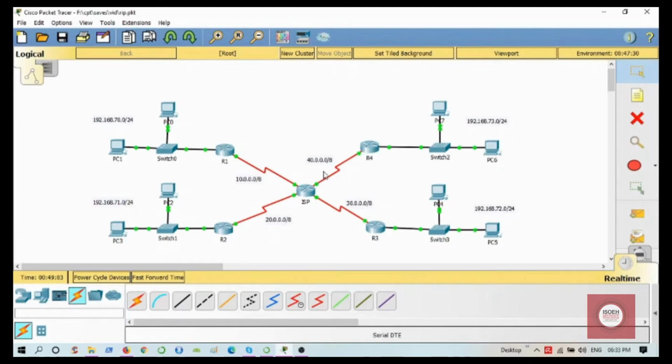Also this R4 is connected to 192.168.73.0 and also to this network 40.0.0.0.